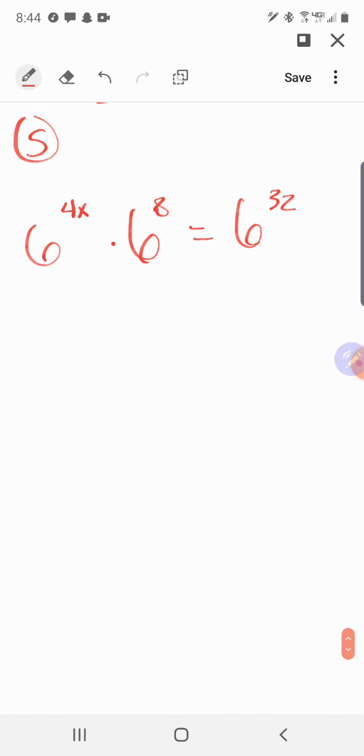So we could just create a little equation. Since all of our bases are the same at 6, I could just create an equation and say that 4x plus, I did plus because like I said, the law of exponents says that whenever we are multiplying, we need to add the exponents. So I got 4x plus 8 is equal to 32.